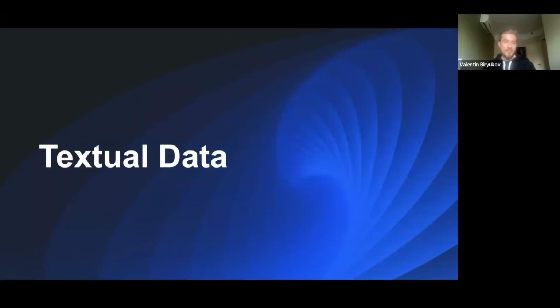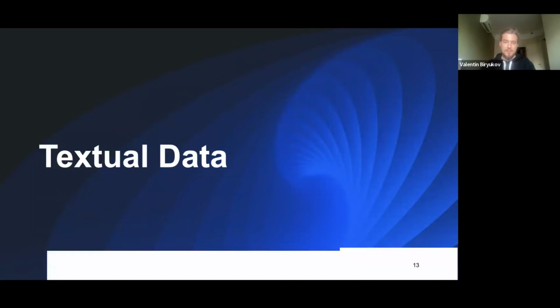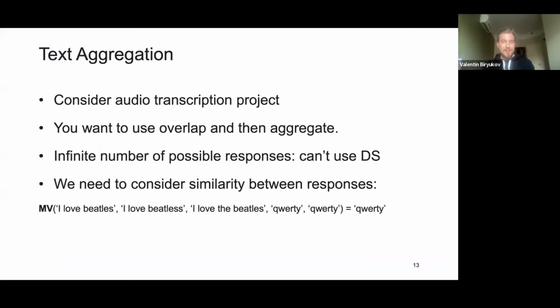But when we speak about textual data, there are no categorical things to calculate, because the number of possible words is actually infinite, or generally continuous. Any kind of majority vote and Dawid-Skene schemes cannot work in this area, because there's an infinite space of possible answers.